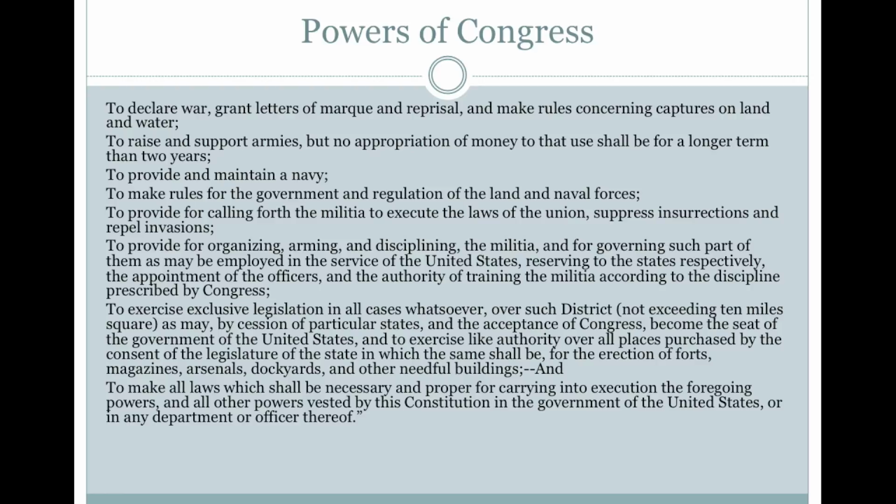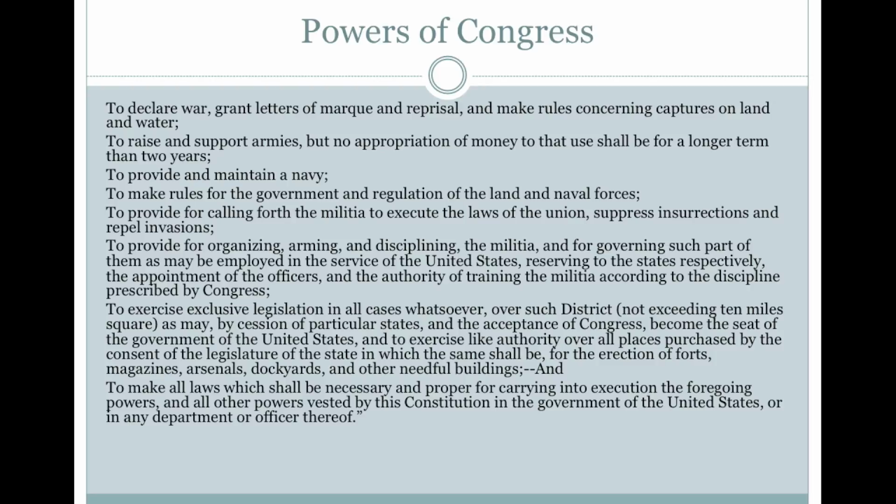But this last little clause gives us room for implied powers. And one of the great debates right after the Constitution was ratified was the National Bank. Alexander Hamilton favored the creation of a national bank.